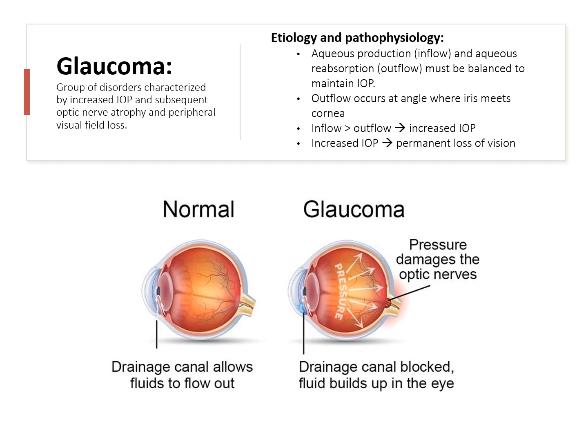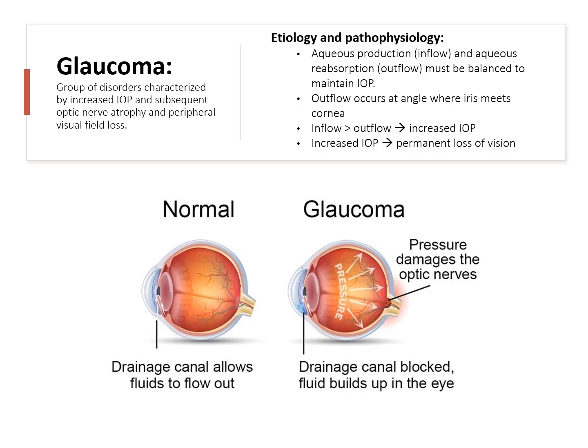So why does this happen? So glaucoma is the second leading cause of permanent blindness in the United States. And it is more prevalent as we age, as we get older. And we really want to try to catch it early so we can prevent blindness. So what is happening here?